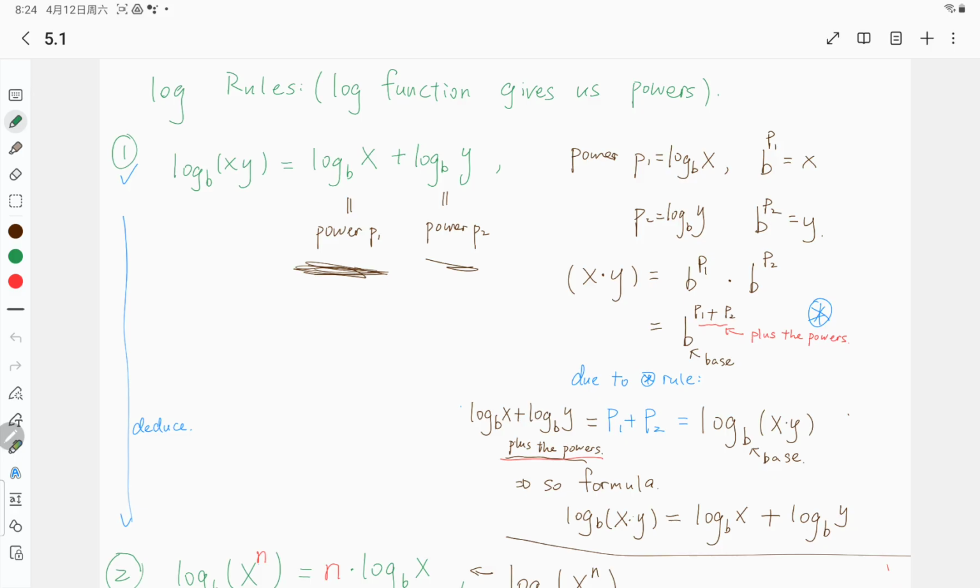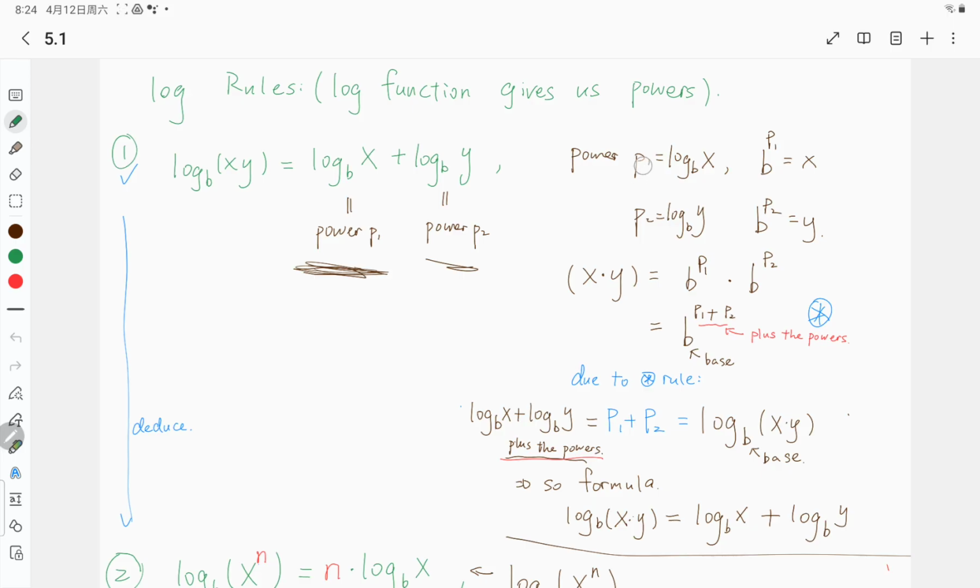The way we did that is, write out the logarithm as the powers and then use our usual power rule. So b to the power p1 times b to the power p2 is b to the power p1 plus p2, right?